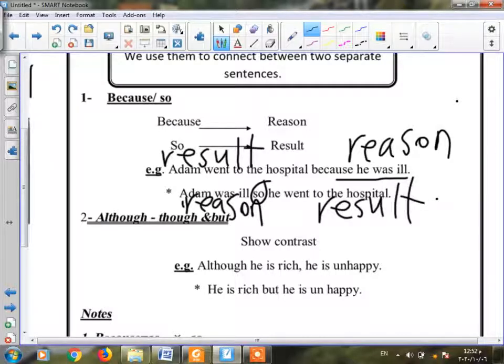As you see in your example now, because and so are used in the middle of our sentences. And add to your information that the word because means as. If I want to write as instead of the word because, no problem. Let's read it. Adam went to the hospital as he was ill. It's right.